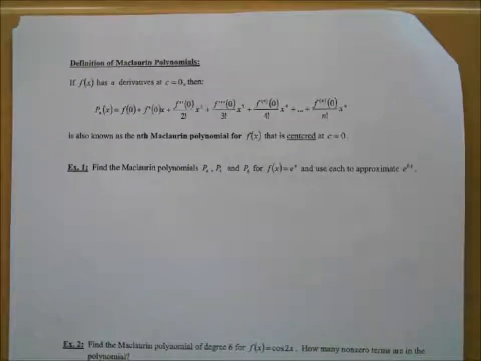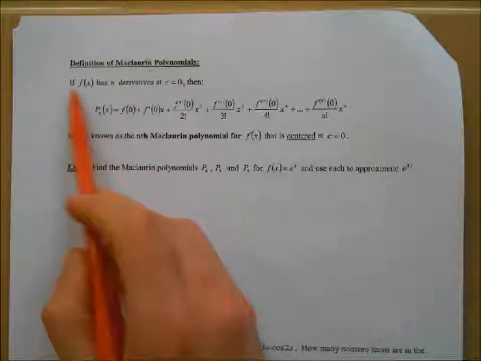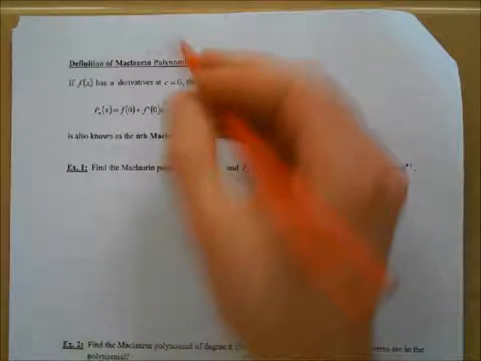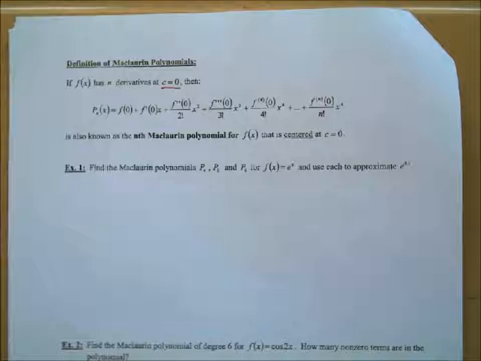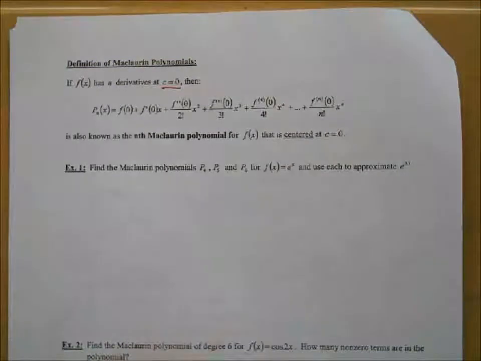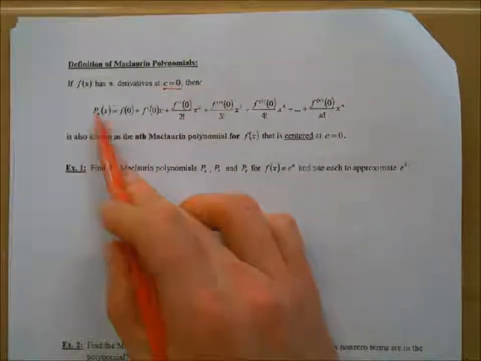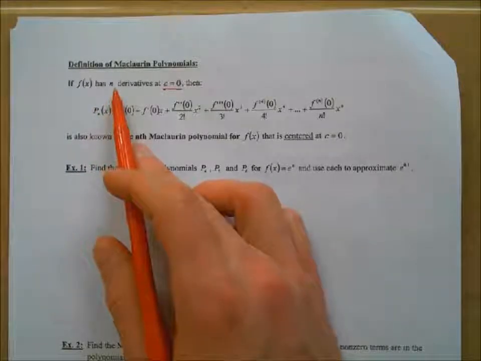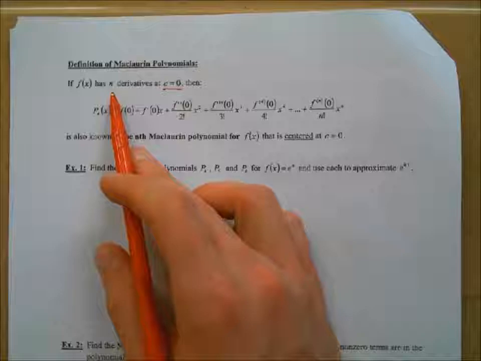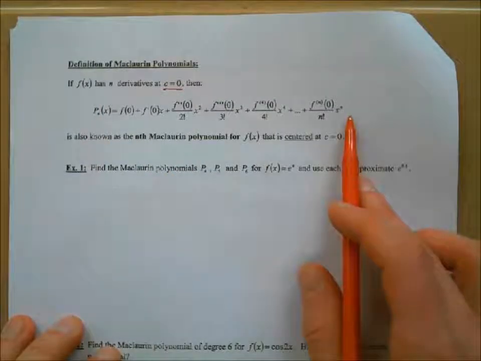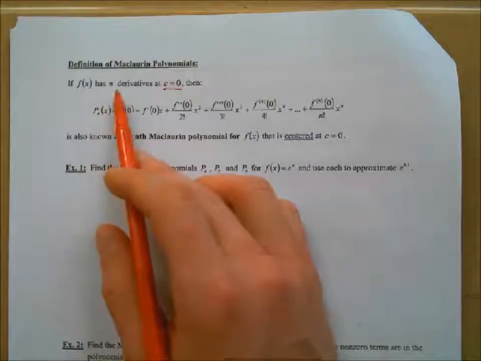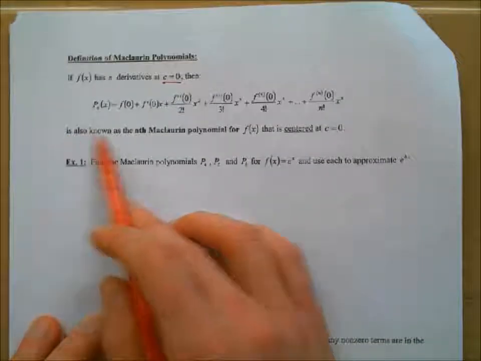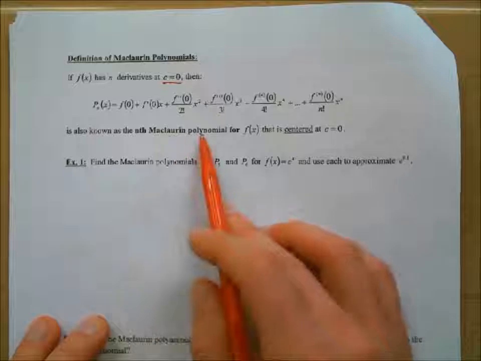So key point here: if f of x has n derivatives at c equals 0, and this is the crucial piece here, we are centered at 0, then the approximating polynomial p sub n of x, so again n derivatives. For e, e has an infinite number of derivatives, so we have an infinitely long polynomial here. But for other polynomials, we can use this. This is known as the nth Maclaurin polynomial for f of x that is centered at c equals 0.